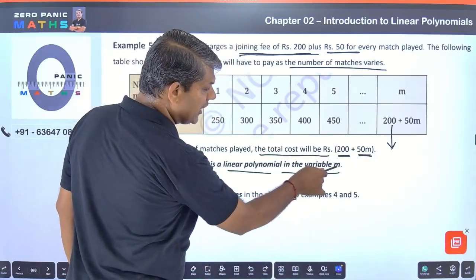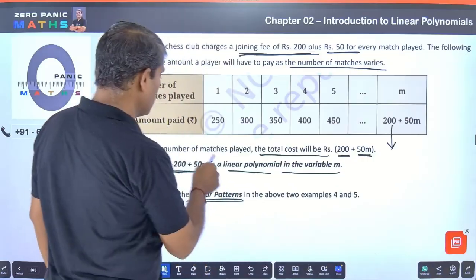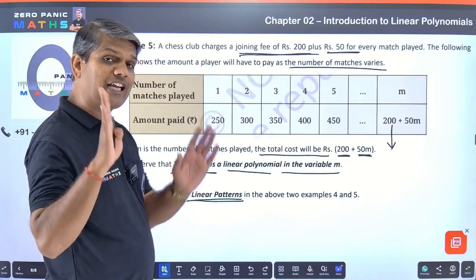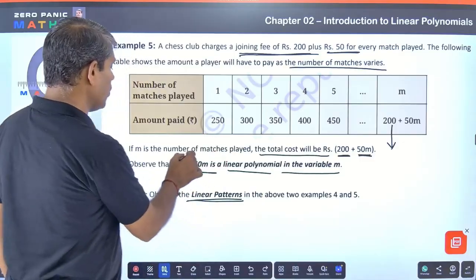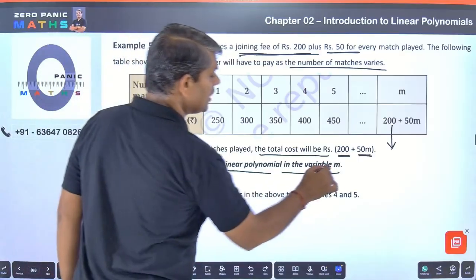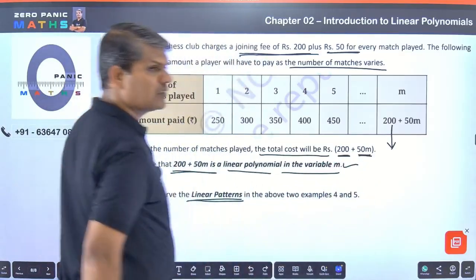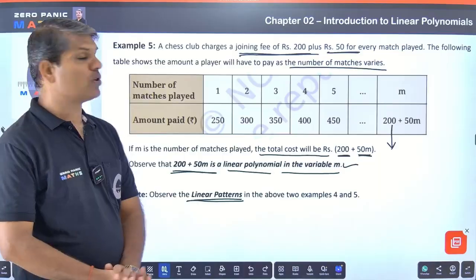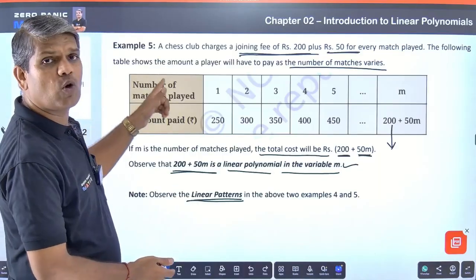With an increase in m, the whole value increases by 50, 50, 50, and that is constant. That is what is called a linear pattern that we observed in both example 4 and 5.